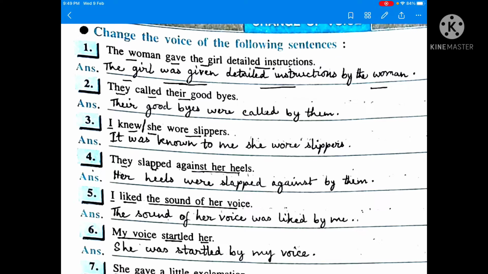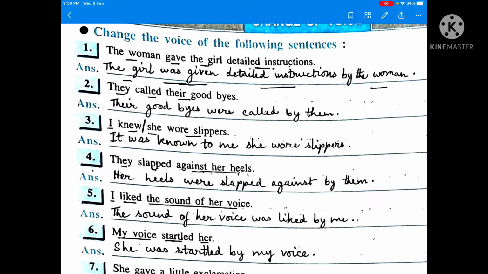The girl was given, gave becomes was given, detailed instructions. Detailed instructions are extra words. It can be placed in the front or at the back of the sentence, at the end of the sentence. The girl was given detailed instructions by the woman. The woman, the subject in the active voice, becomes the agent in the passive voice. The girl was given detailed instructions by the woman.